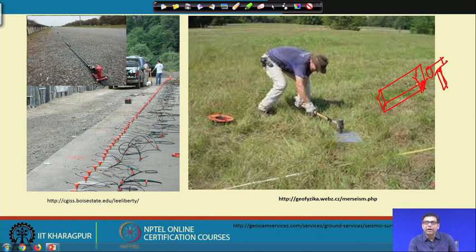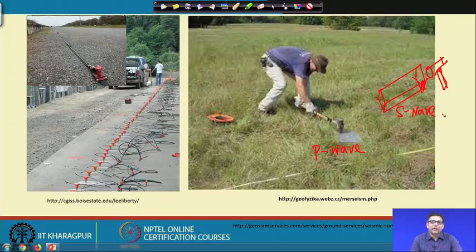Then the wave that will be generated will be rich in S wave. So, this will give you the P wave and this will give you the S wave. Depending upon how we generate the wave, we can measure the P wave or the S wave.